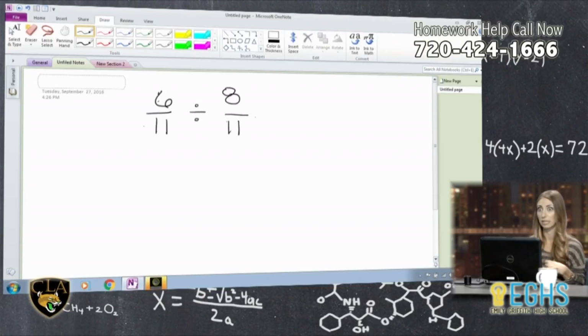But what we're basically asking when we're doing 6/11 divided by 8/11 is how many 8/11 go into 6/11. So if we think about the size of these two fractions, 8/11 is going to be larger than 6/11. So our answer should be a fraction less than one whole is one thing that we should expect.